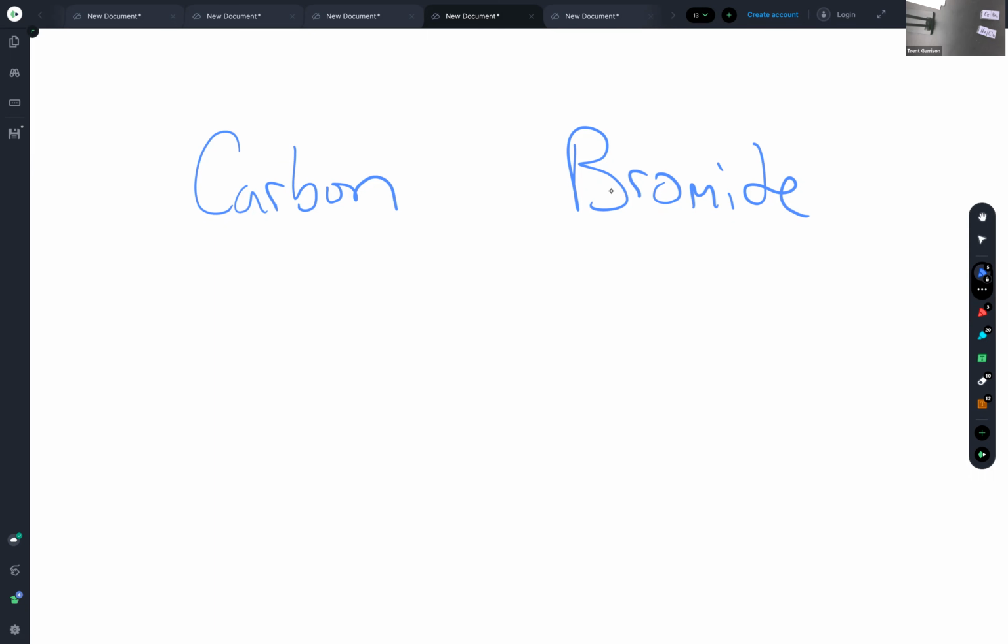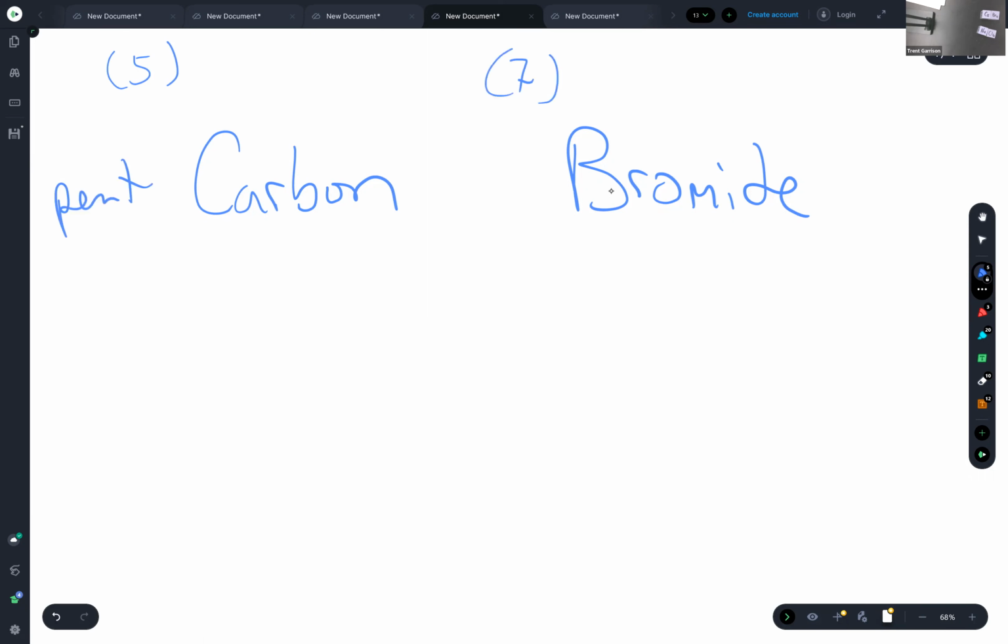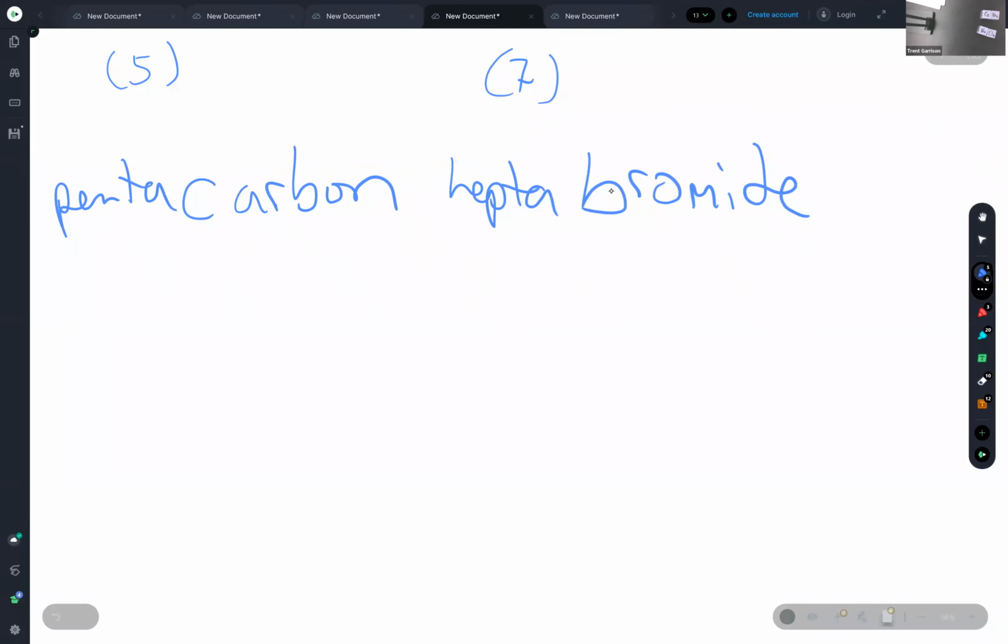What we must attach to it is the number that represents the number of atoms up here. And so 5 goes with penta, and 7 is hepta. Now, we have a list of these, and you should be able to utilize those during your quizzes and exams. So this is pentacarbon heptabromide.